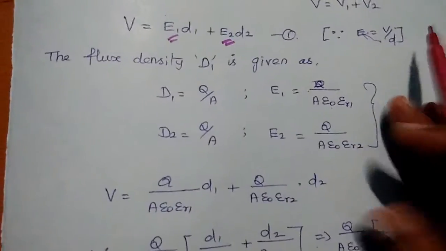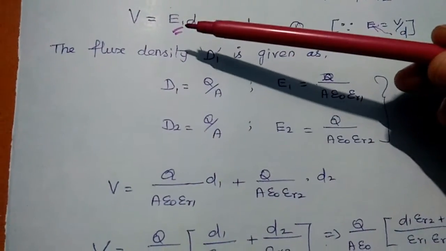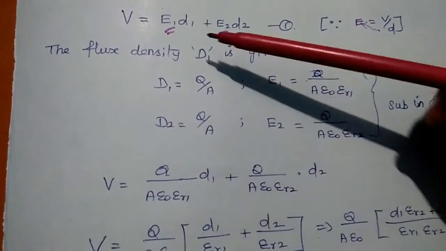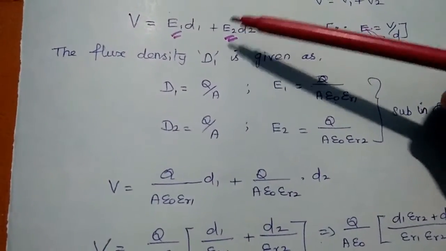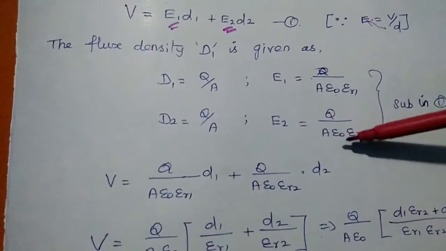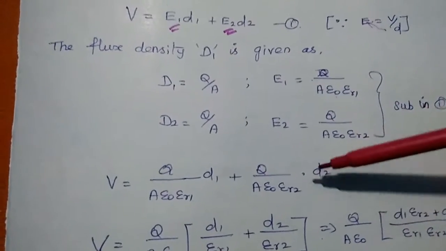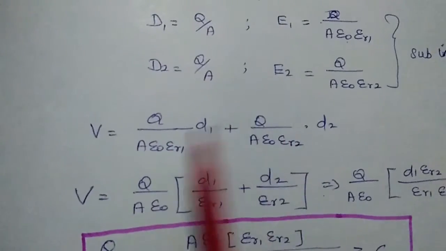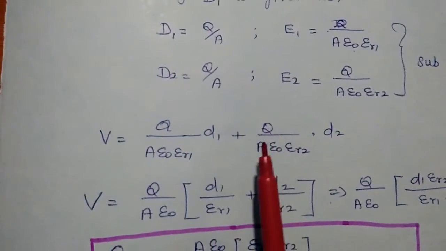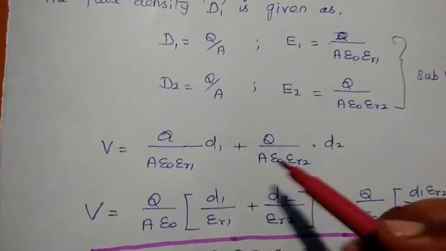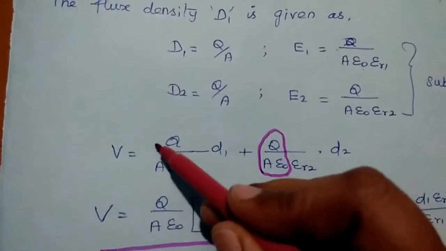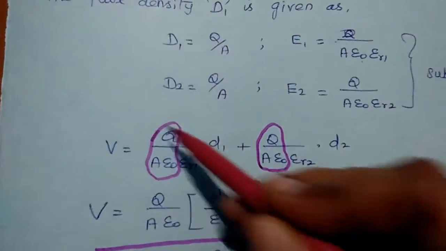So here this E1 can be replaced as Q divided by A epsilon naught epsilon R1 into D1 plus E2 is replaced as Q divided by A epsilon naught epsilon R2 into D2. Okay. So from these two equations, I can take this Q by A epsilon naught as a constant. So this term is common for both.